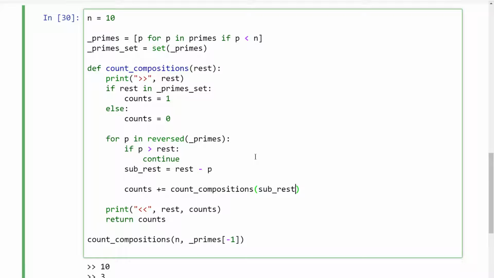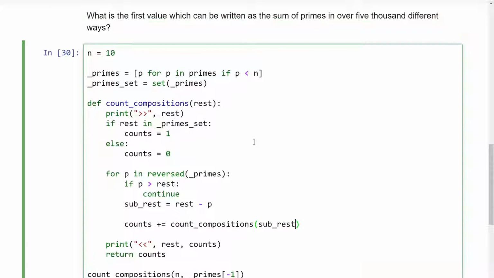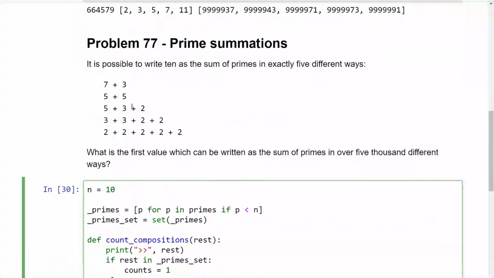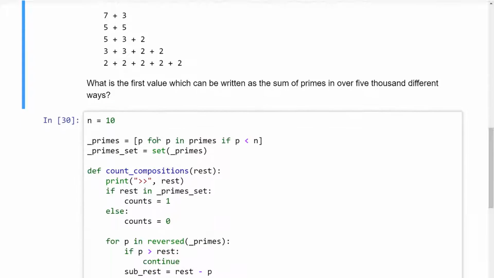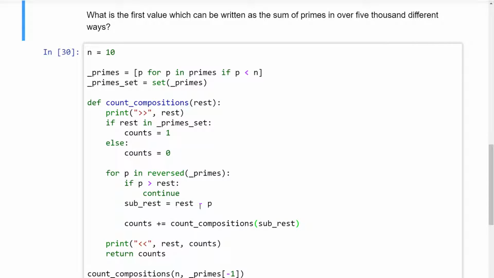Okay, so this is the one case. I think this is the other case. At some point we're going to get it to rest equals 2 for all of these, and then we'll count 1, and then it will continue.